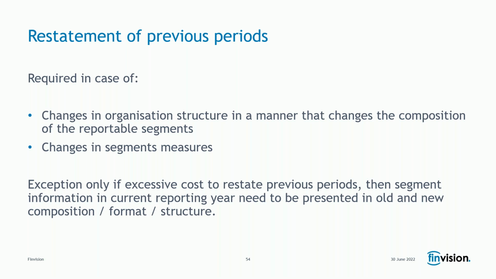It's about segment measures, again, organization structure. There's an exception, of course, like we always have, unless it's an excessive cost to make the restatement, then you don't need to do it. But then you need to mention the current year in the old format, consistent with the previous period, and the new way. So the reader of the financial statements should have a clear explanation or insight into what the effect is of the changes in the reporting segments.